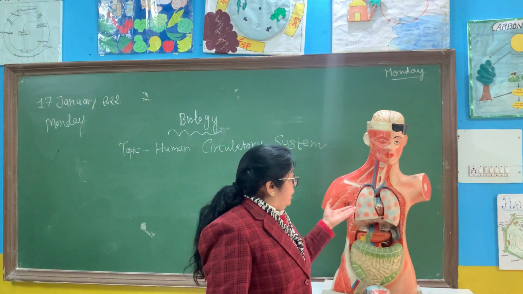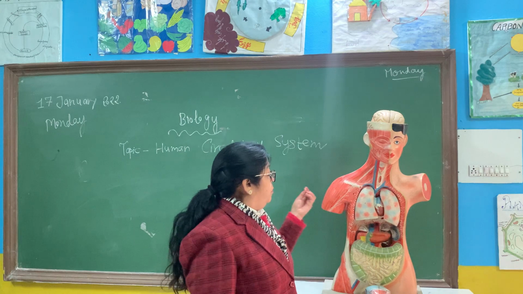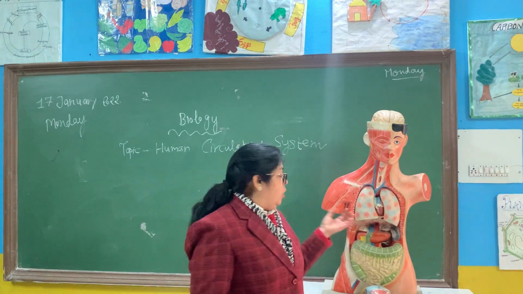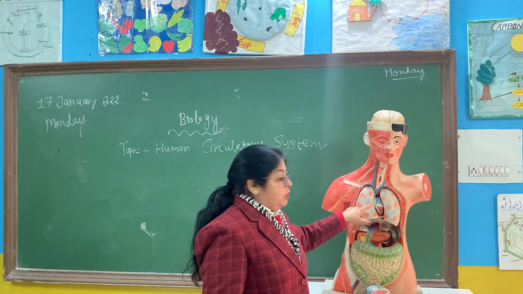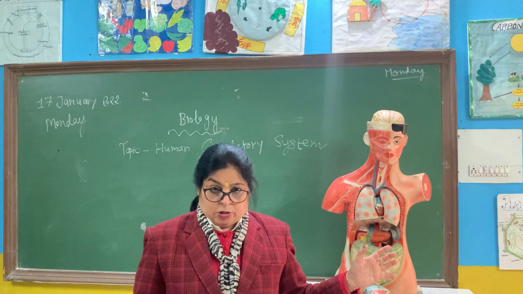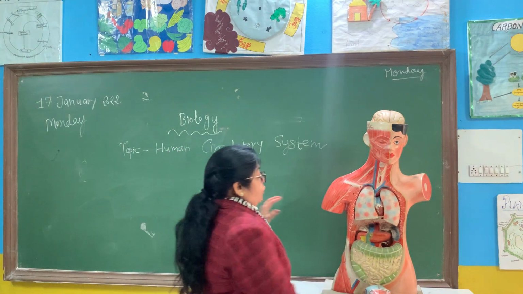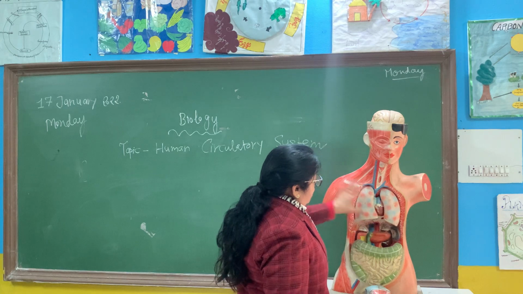In mammals there is the closed circulatory system in which blood vessels are involved. As you know, the heart is a mesodermal part of our body and it is a delicate organ which is enclosed within the rib cage inside the lungs.